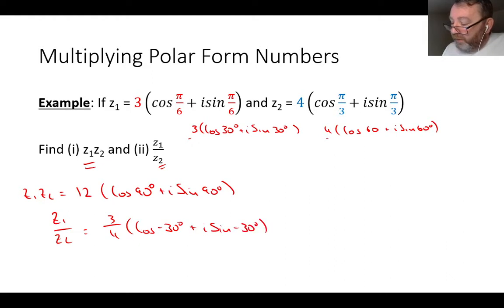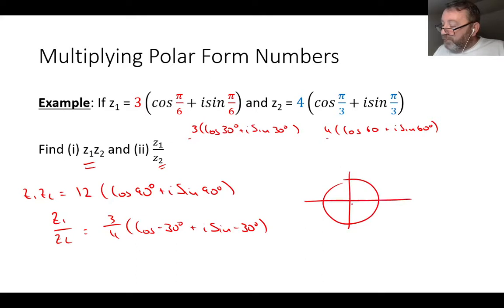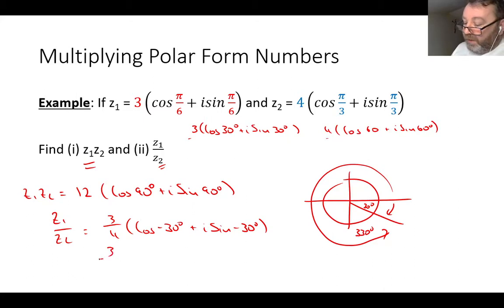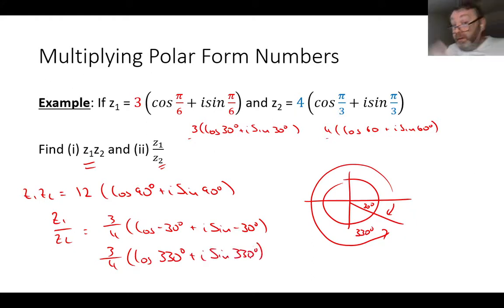Now don't worry about the minus, because if you think about it, minus 30 is 30 degrees backwards, which in one sense is 330 degrees going that way. So you can write that down as 3 over 4 times the cosine of 330 plus I times the sine of 330. And that's it.